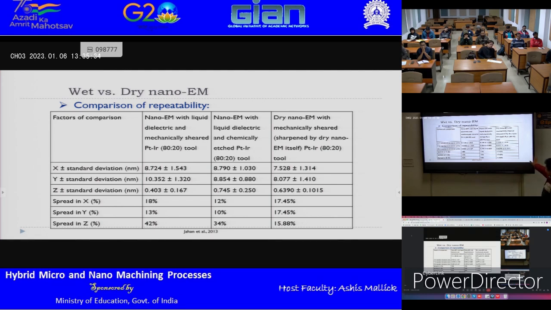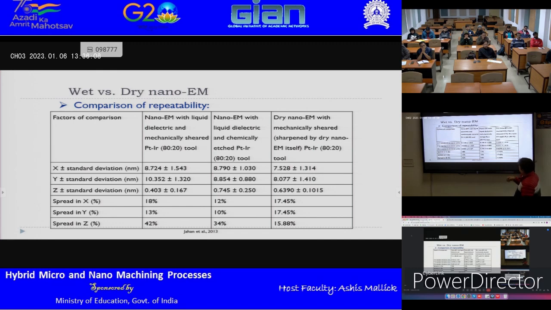Compared with the mechanically sheared tool for wet EDM, the minimum feature size is 7.5 to 8.7 versus 8 to 10, the depth is much higher, 0.6 to 0.4, and the variation is also smaller. So for mechanically sheared tools, dry EDM definitely outperforms liquid or traditional EDM in terms of features.